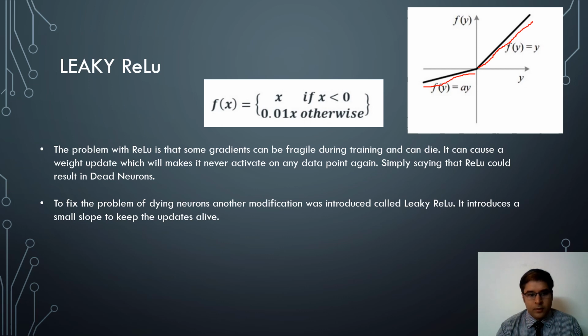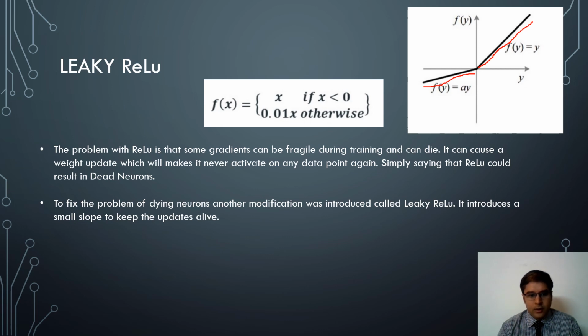The problem with ReLU is that some gradients can be fragile during training and can die. Die means there will be no output for that input during training time. It can cause a weight update which will make the neuron never activate on any data point again. So ReLU could result in dead neurons.